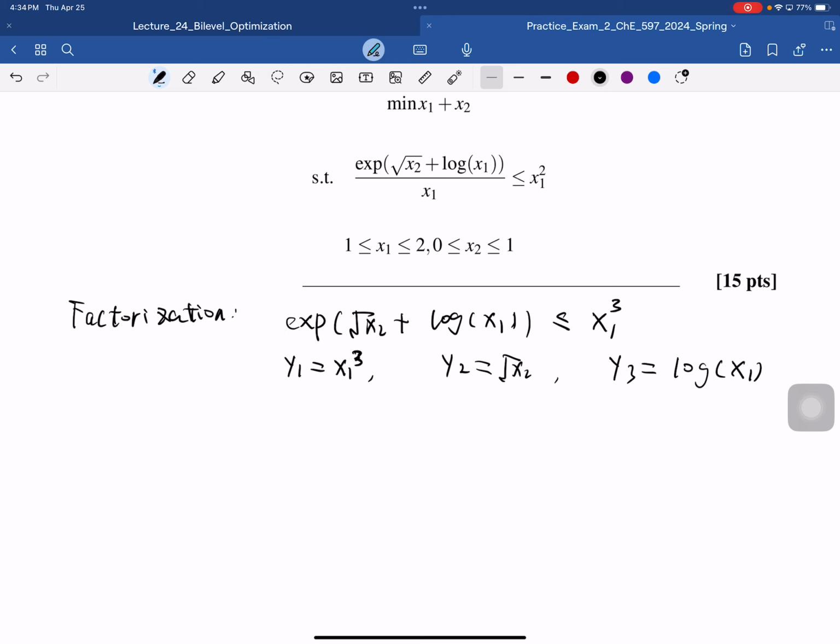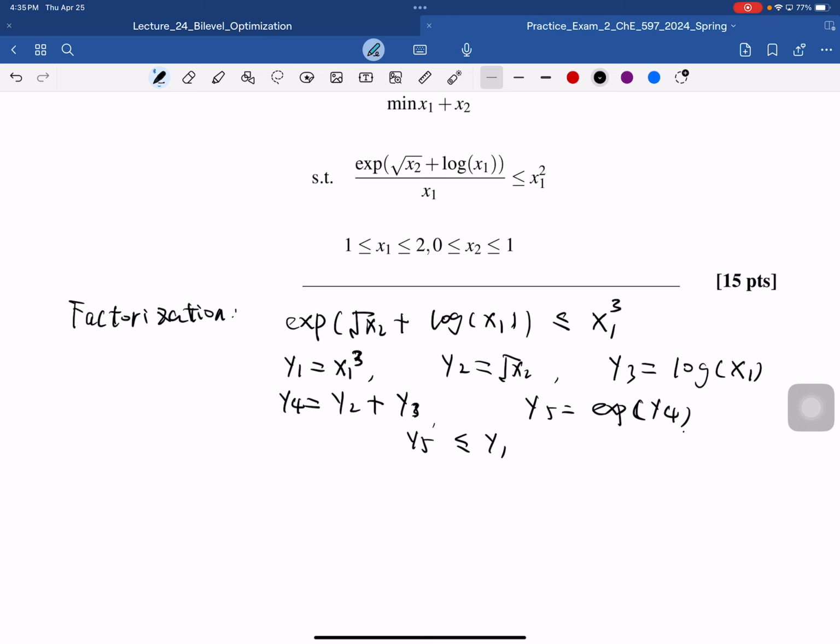Then you can introduce one more variable, y4 is y2 plus y3, and then y5 is just exponential of y4. And then the constraint will become y5 less than or equal to y1. That's just the factorization.